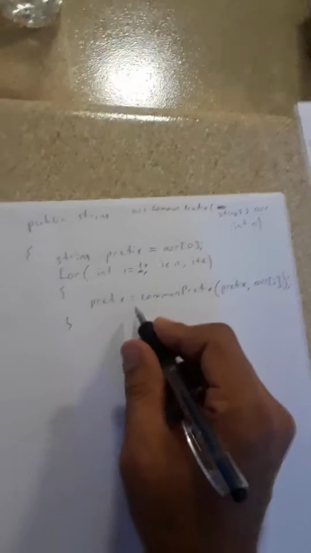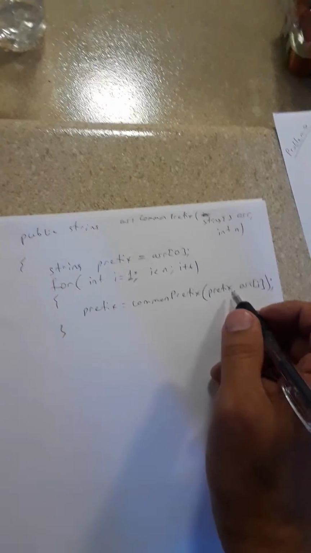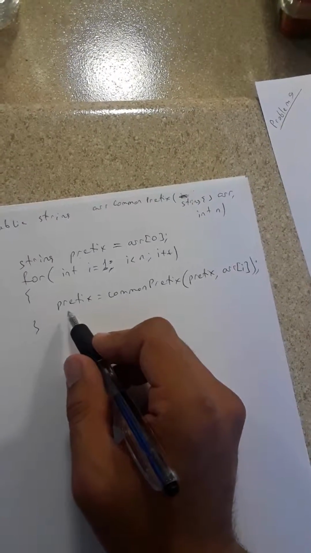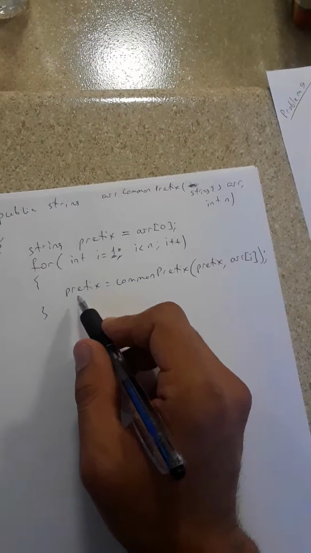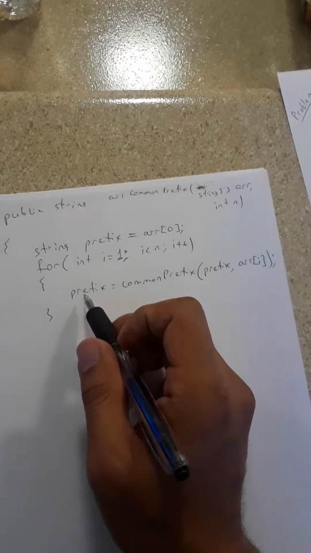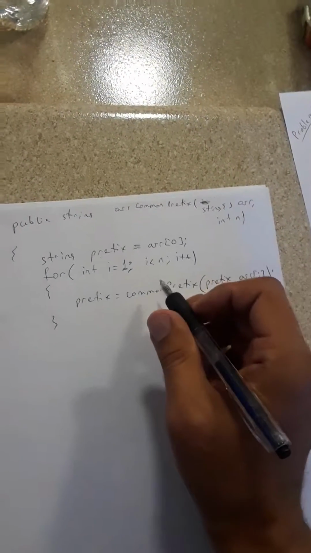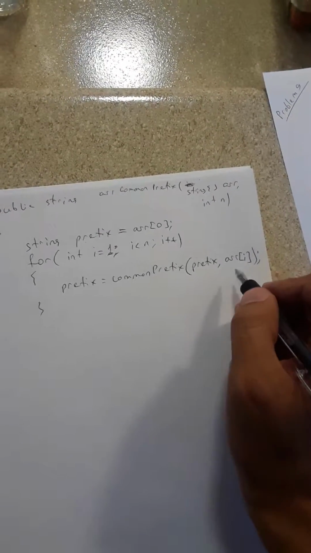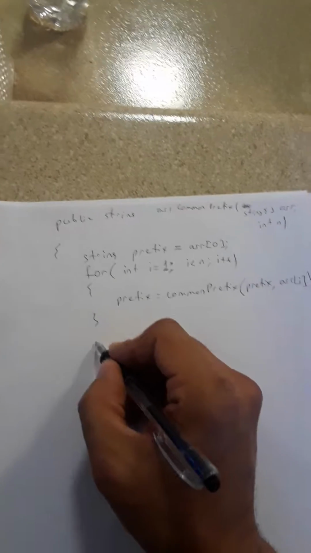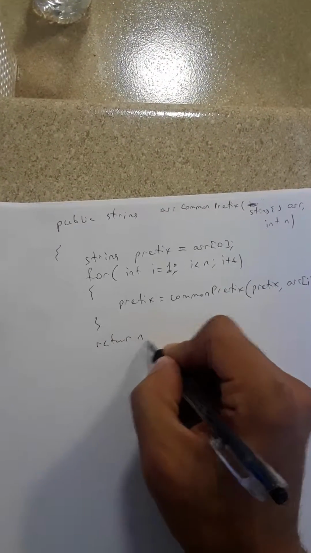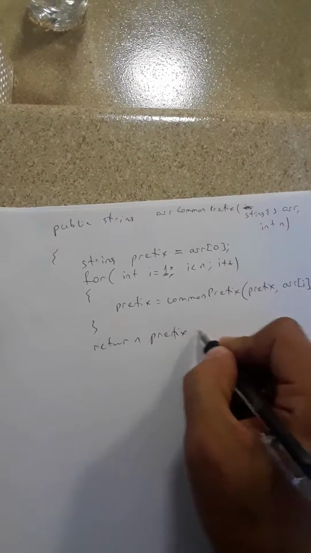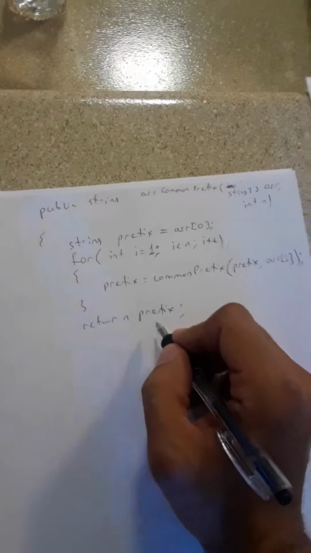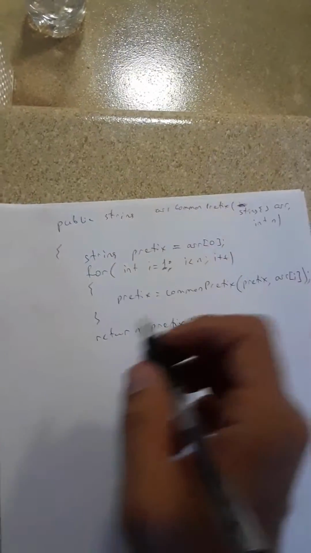Each time it will go through the newly generated prefix, meaning that it's the common string value for the considered strings from the array, and it will always check it with the next string in the array. At the end it will return the prefix value, meaning that it's the common prefix variable for all strings in the array.